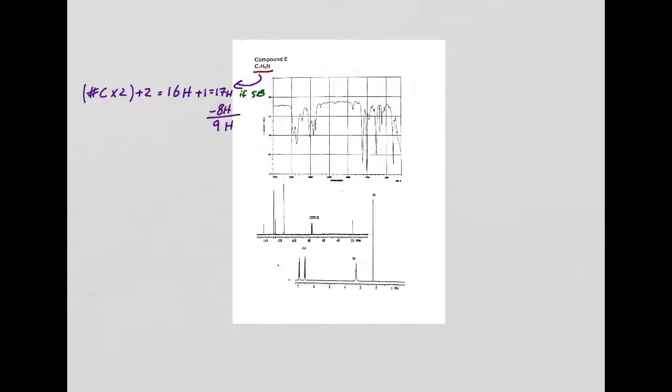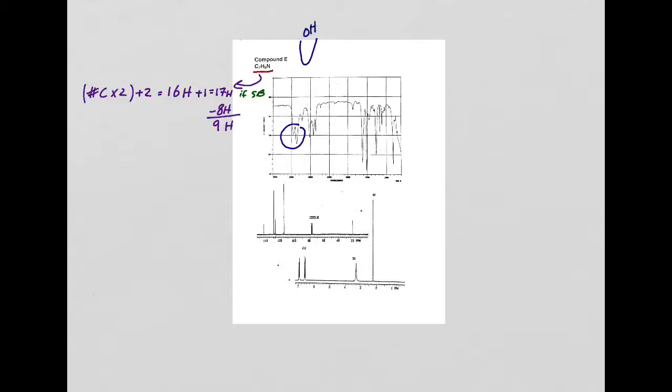Now I'm going to come to the IR. When I look at the IR, the first thing that stands out to me is this peak over here. Now this is in the same region that OH usually shows up, but this is not OH, because OH is a little bit nicer, it's a broader peak like this, right?